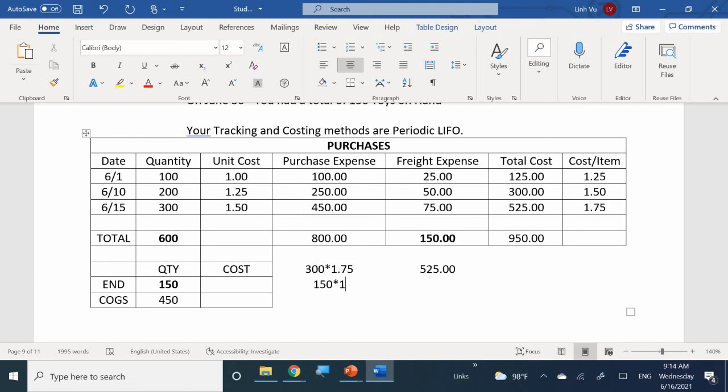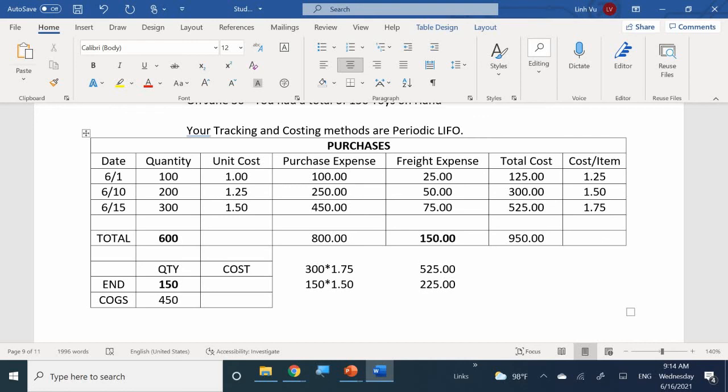How much is it going to cost me to sell each item for the 200 item batch? So you multiply 150 times $1.50. Is that correct? Yes. So the answer is 225.